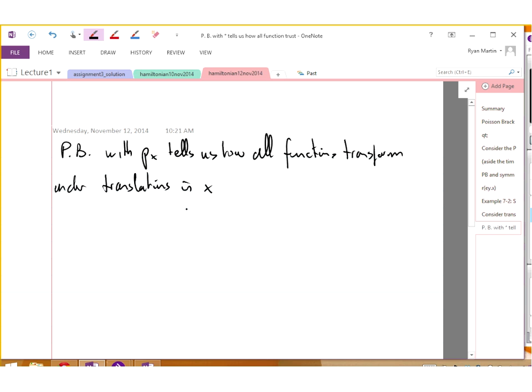Now consider a time translation. So the conserved quantity associated with time translations is the total energy.